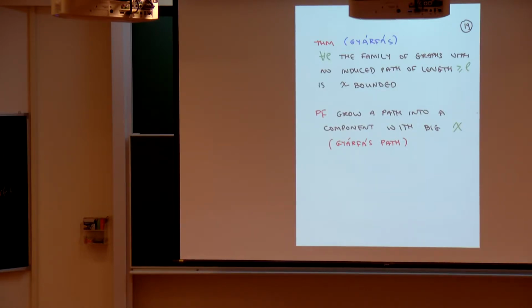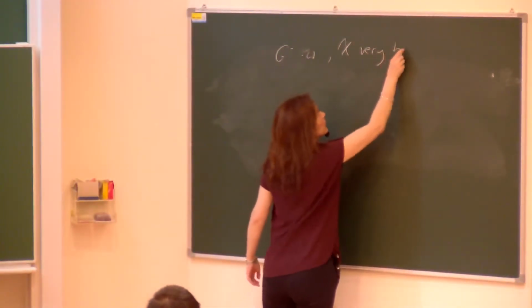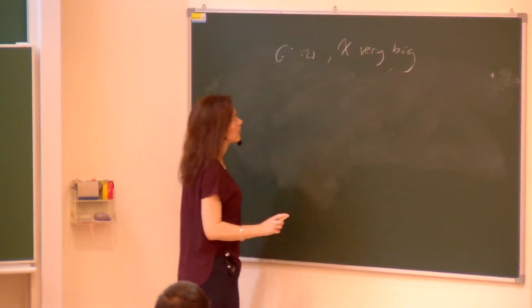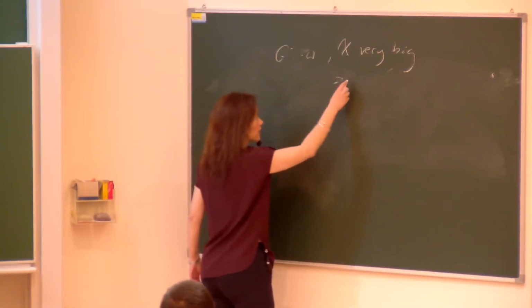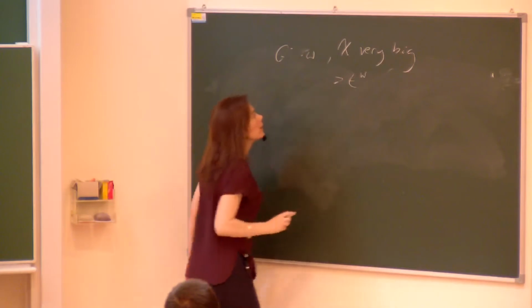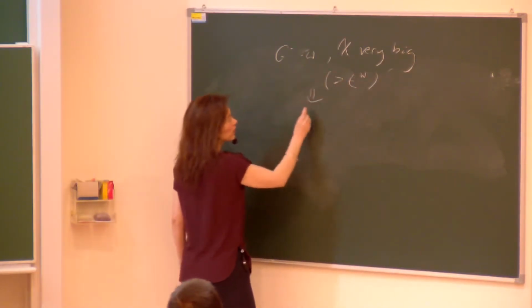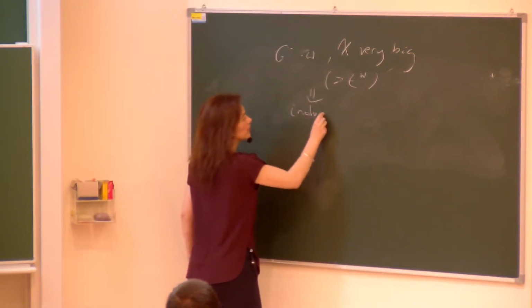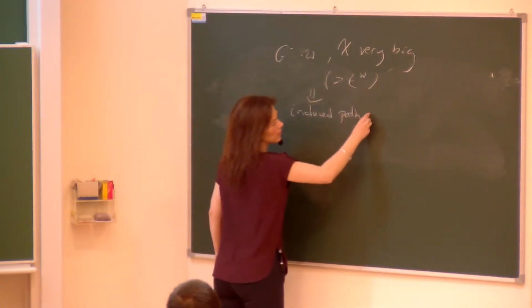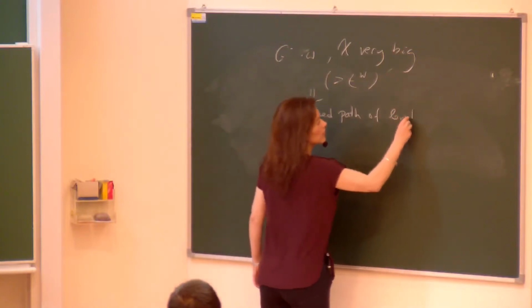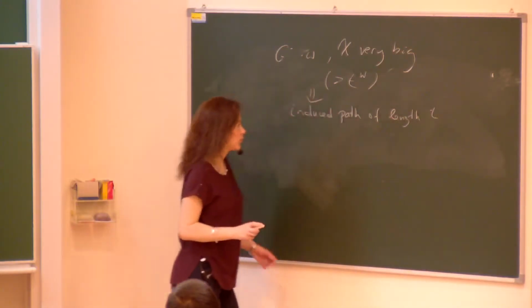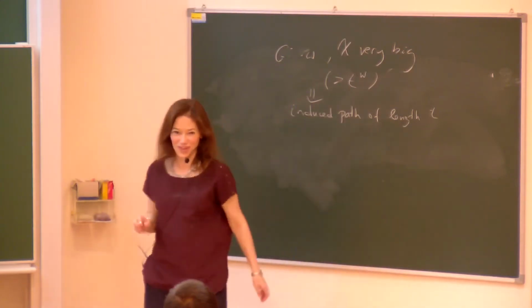Okay, so suppose I have a graph with some fixed omega and very big chi. And in this context, very big means more than t to the omega, t plus 1 or something like that. So then I'm going to construct an induced path of length t. That's what I need to do in order to prove Gyárfás's theorem.